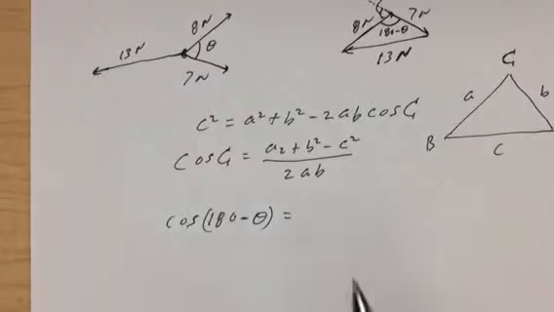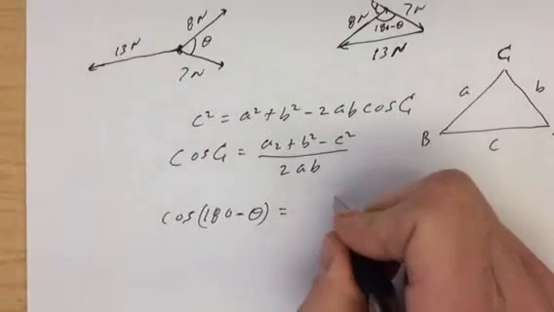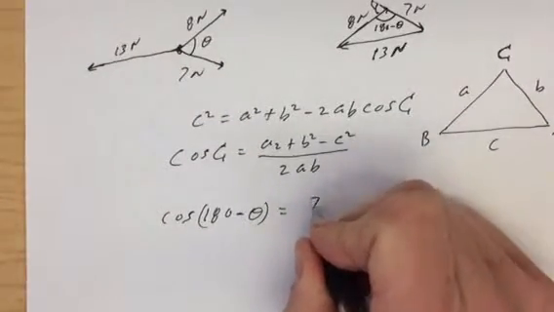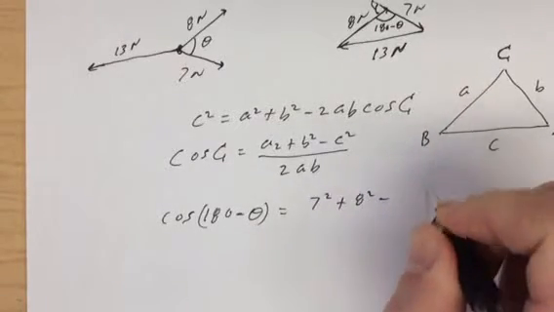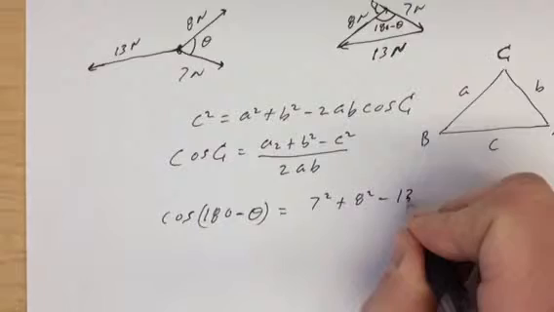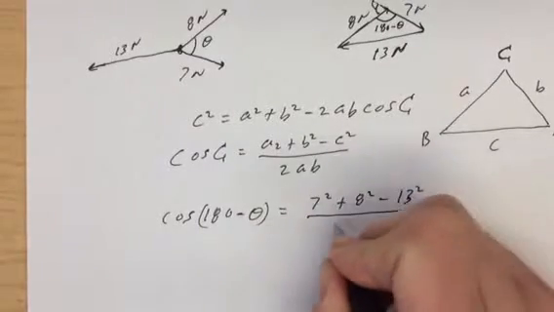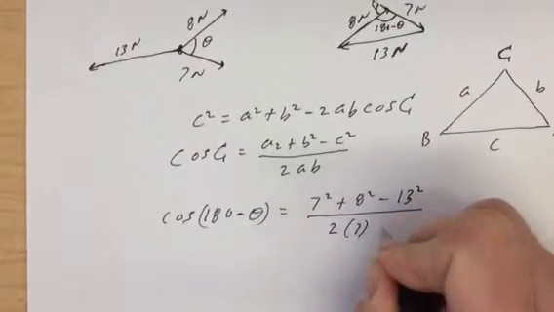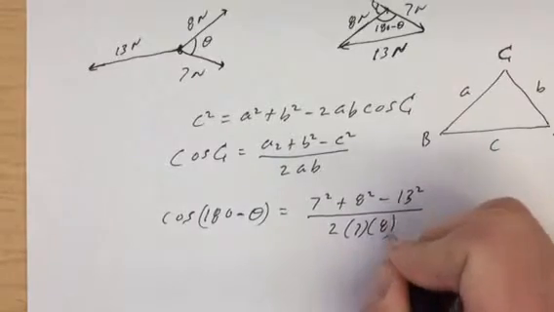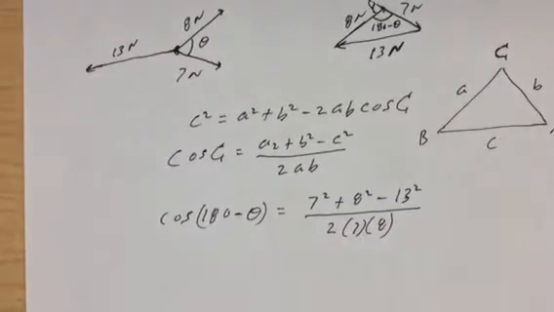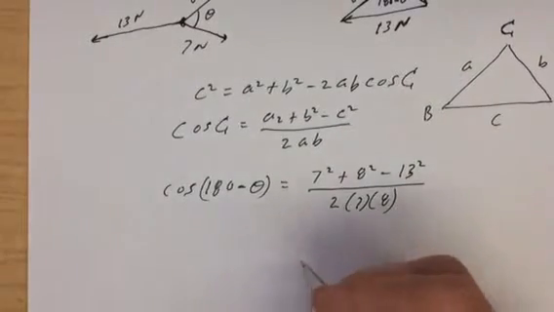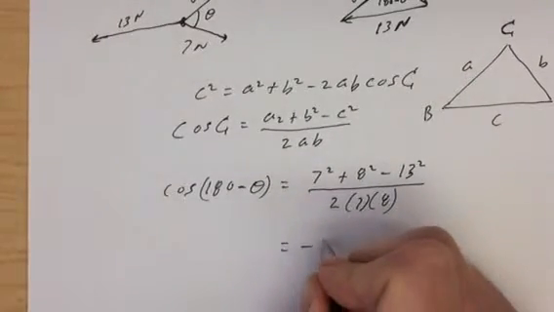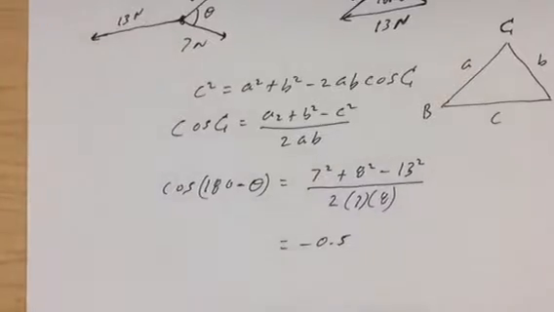So that's A and B. So 7 squared plus 8 squared minus 13 squared all over 2 times 7 times 8. When you work that out, you get negative 0.5.